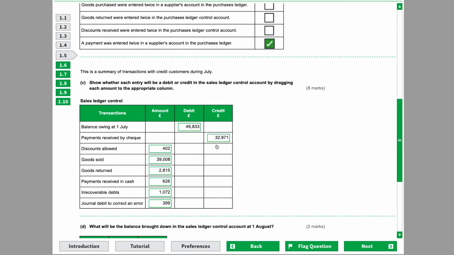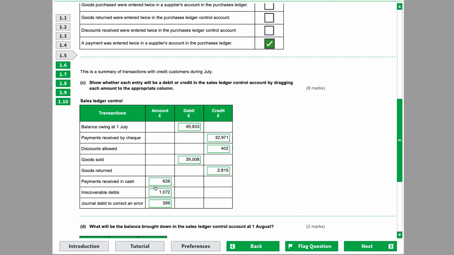It's reducing the amount owed. Discounts allowed will also go on the credit side, as the business is giving the customer a discount that reduces the amount they need to pay. Goods sold would then go on the debit side, as it's increasing the amount owed to the business. Goods returned would then go on the credit side of the account, as it's reducing the amount owed.